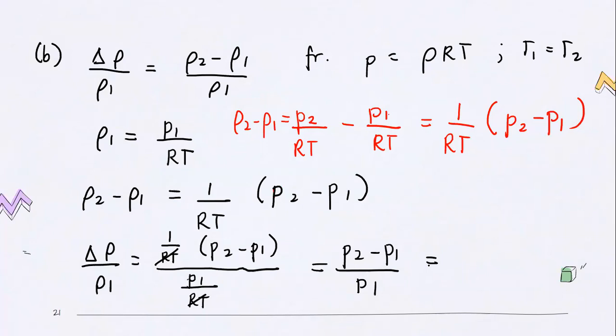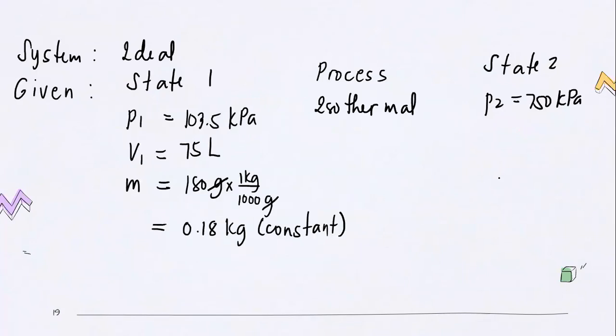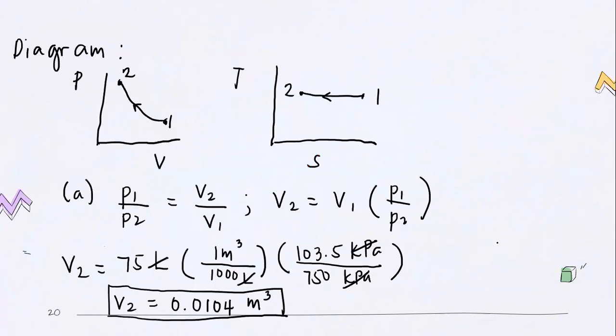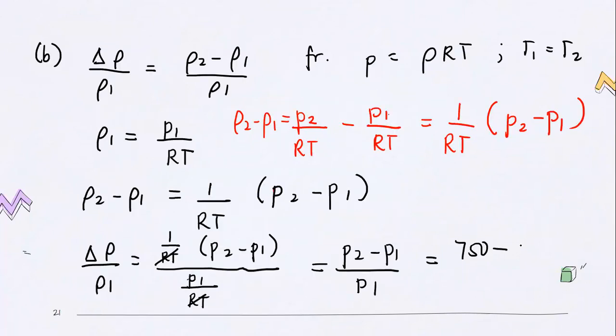Which is equal to P2 is 750 kilopascal minus P1, which is 103.5 kilopascal, over P1, which is 103.5 kilopascal. Cancel the unit.